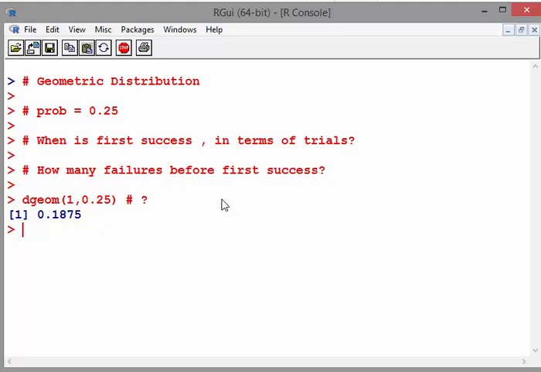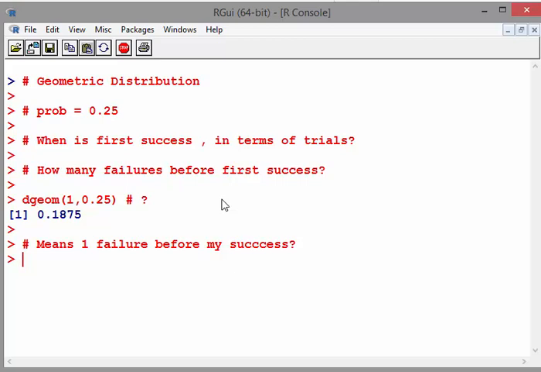0.1875. That is not 0.25. This actually means one failure before the success. I only need one success, but it really asks how many failures I had before my first success, and that's something you've got to be careful about with this distribution.